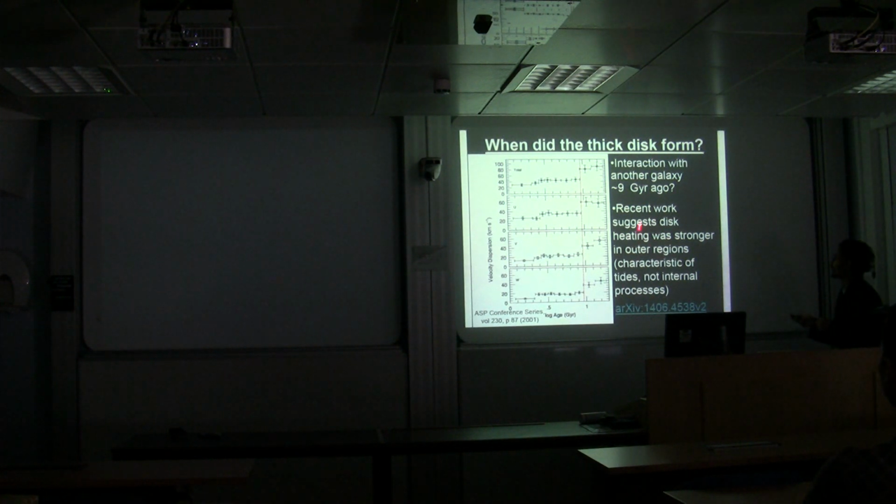Now, for my master's project, I was finding that this heating event was stronger in the outer parts of our galaxy, which is characteristic of tides. But anyway, you can look at what these authors say. This is based on Hipparcos data, I should say, to get accurate distances.